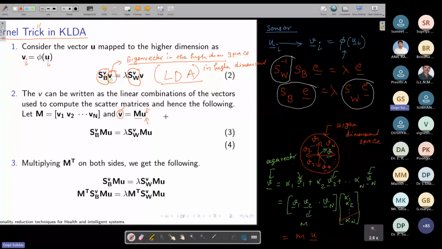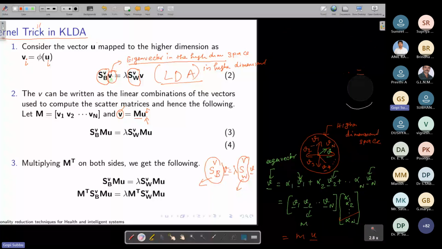Right. So now we are writing this expression SBV V equal to lambda times SWV V. V is the eigenvector here, and your SBV and SWV are the between class scatter matrix and within class scatter matrix computed in the higher dimensional space. Now what we are doing here is we are replacing the vector V, which is the eigenvector, with MU. Okay, so that is what we are doing.